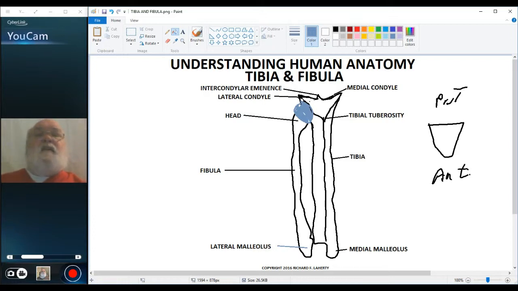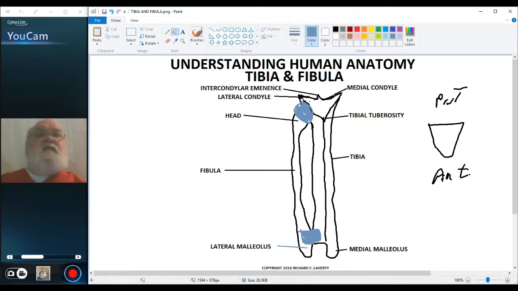And then there are ligaments inferiorly running between the fibula and tibia, and these ligaments are holding the distal ends of the two bones together.